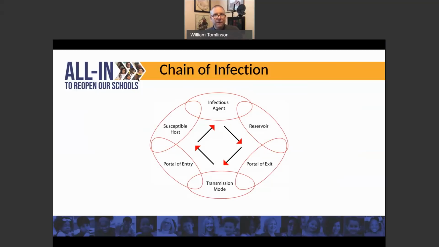It's called the chain of infection and illustrated as links in a chain, because, as the old saying goes, a chain is only as strong as its weakest link. So the exercise here is to identify the weak links and then break them. And if we can break them, we break transmission.